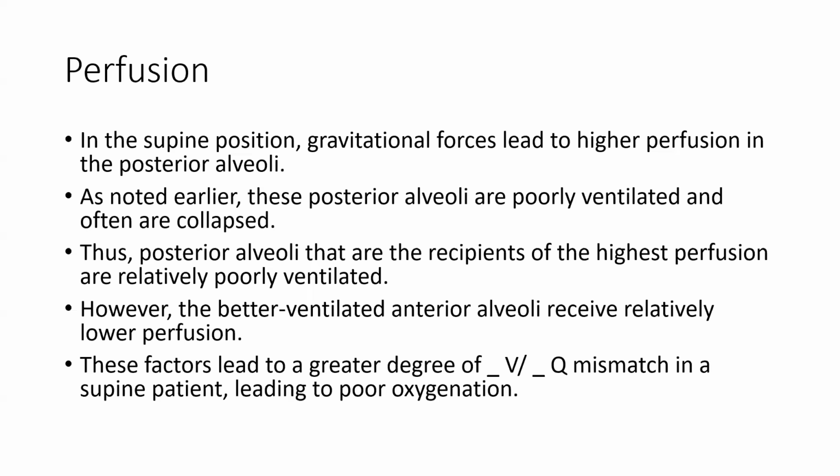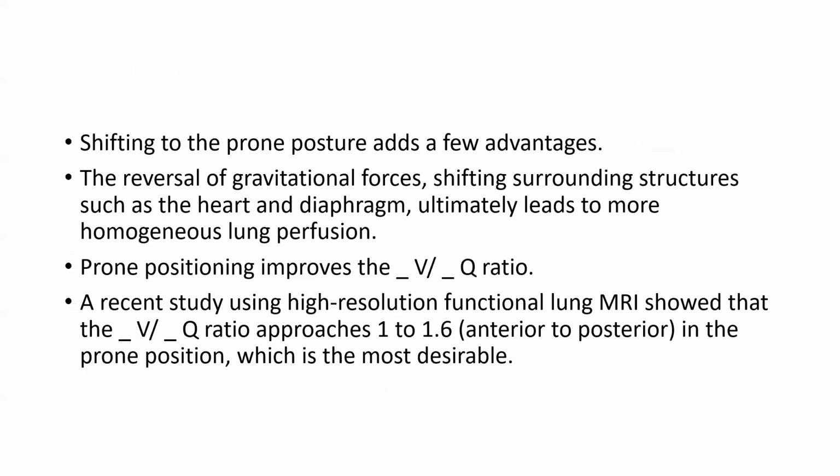Because these alveoli are compressed and poorly ventilated, they are not contributing to maintaining oxygenation. So even if the posterior alveoli are receiving the highest perfusion, they are poorly ventilated, and that creates a greater degree of VQ mismatch, which leads to poor oxygenation.